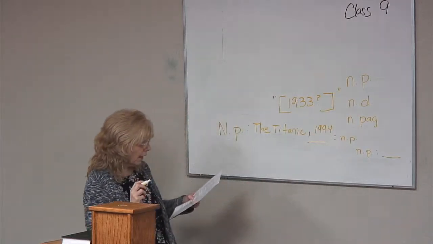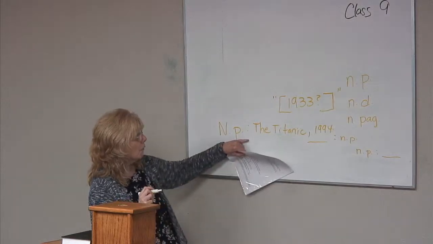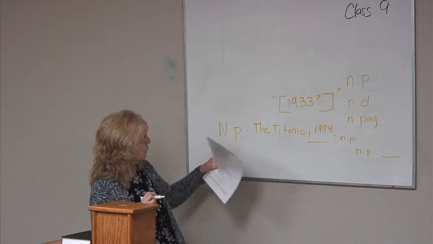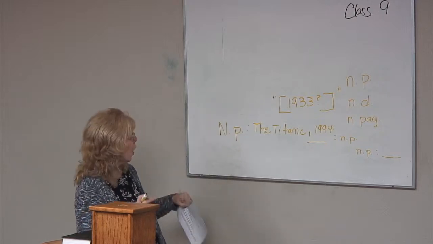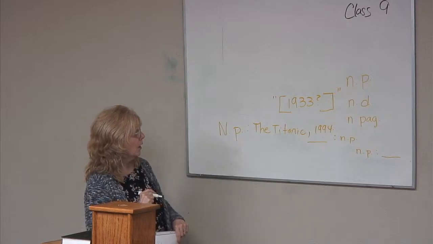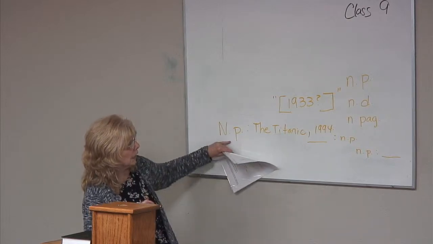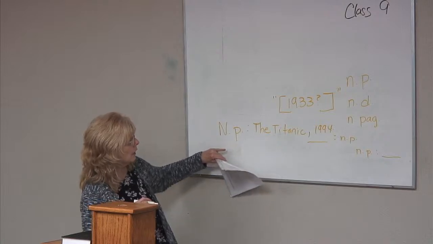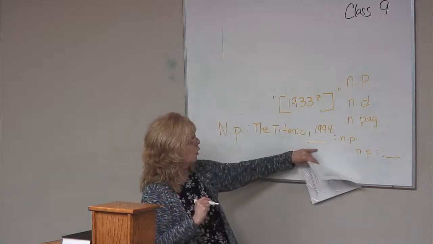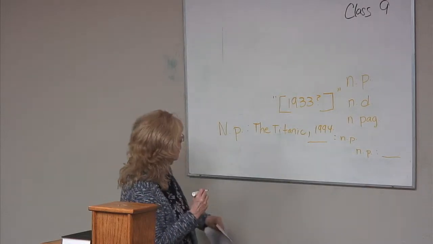For this one, the N.P. is after the place. So what does that mean right there? Is that no place or no publisher? Actually, that one is no place. Yes, no place.